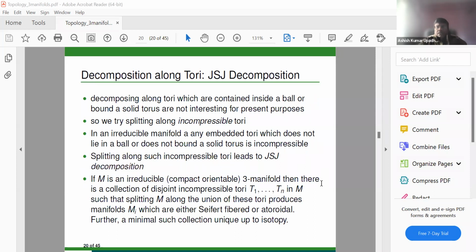It is natural, because along the tori we are already cutting, so we will get some pieces that are atoroidal. But if there are still some tori, then it is Seifert fibered.